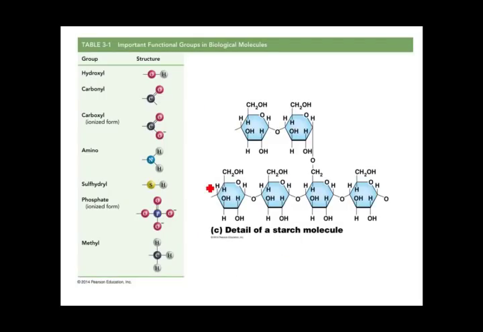Okay, in addition to having the carbon skeleton, we also find a lot of functional groups found in these biological or macromolecules. Okay? So the first one we'll talk about is the hydroxyl group. I often refer to this as just an OH group. Those two things mean the same thing, and this is simply an oxygen bonded to a hydrogen, right?